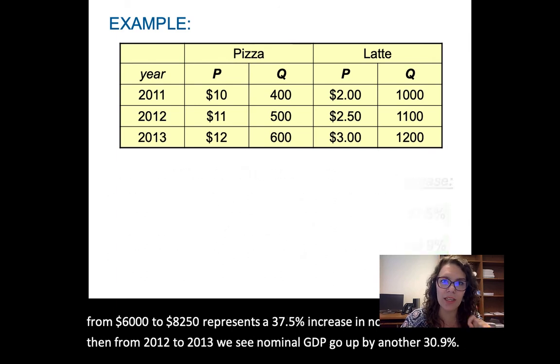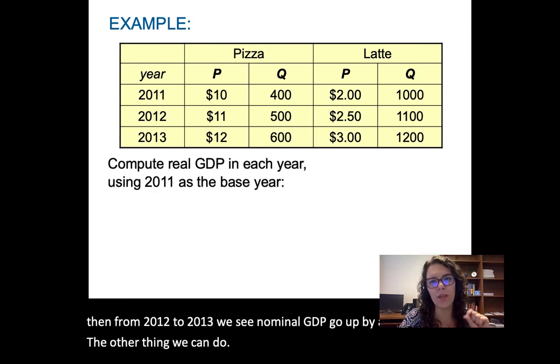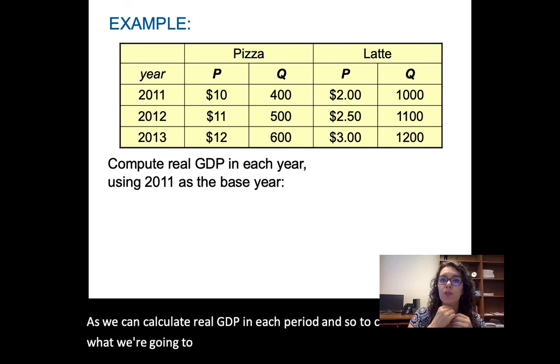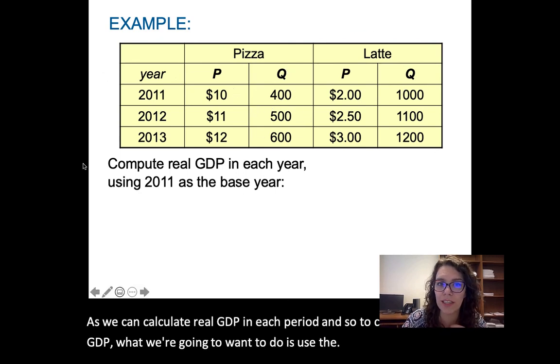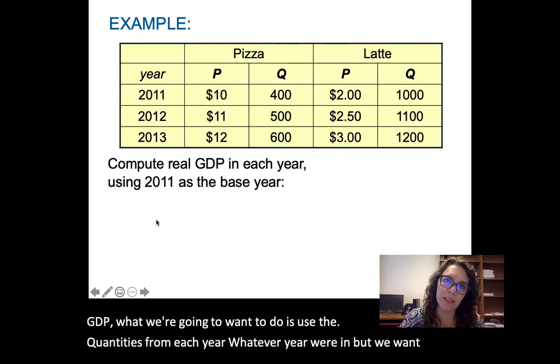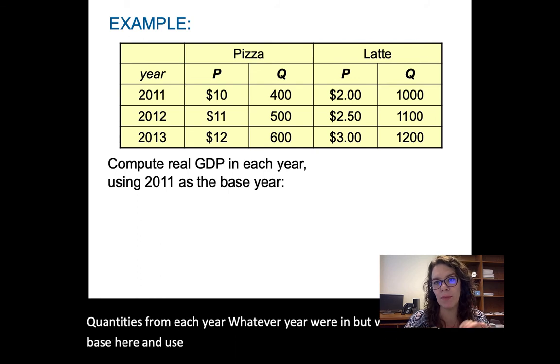The other thing we can do is we can calculate real GDP in each period. And so to calculate real GDP, what we're going to want to do is use the quantities from each year, whatever year we're in, but we want to pick a base year and use the prices from the base year.